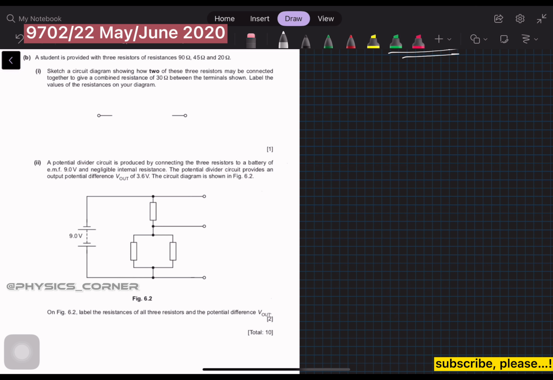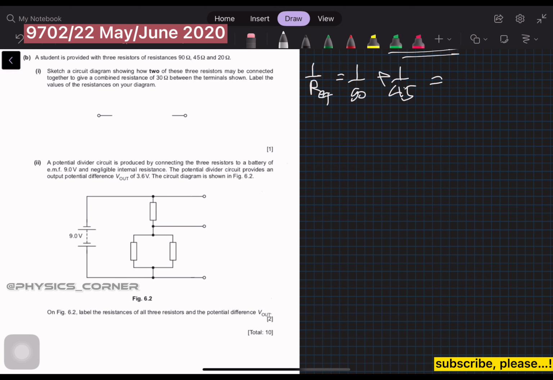I think about 90 and 45. Let's check, say 90 and 45. This is 1 over R equivalent when in parallel: 1 over 90 plus 1 over 45.